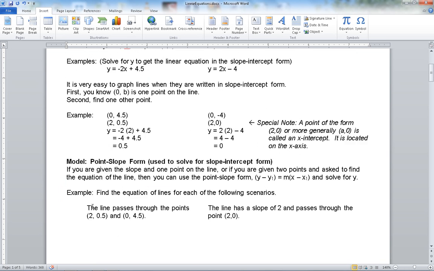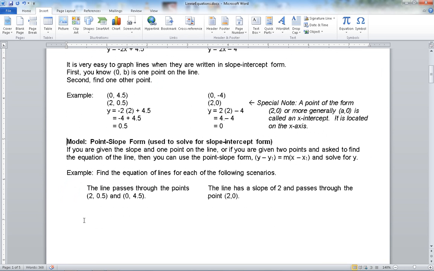Now, one other model is called the point-slope form of the line. And usually what you're doing here is using this format to solve and get the equation into the slope-intercept form. So if you're given the slope and one point on the line, you can use this model.